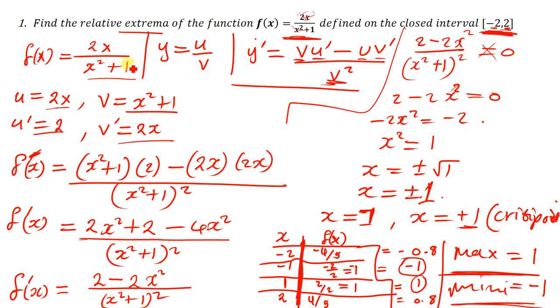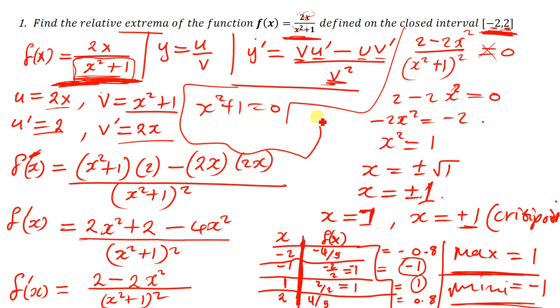The other thing I forgot to explain is that you also have to check if you have a critical point on the denominator here. How do you check that? You simply equate this denominator to 0. So when you equate that to 0, you get x squared plus 1 is equal to 0. The reason I didn't do this is that I already knew that if I equate this to 0 to find x, I'm going to get x squared is equal to negative 1.